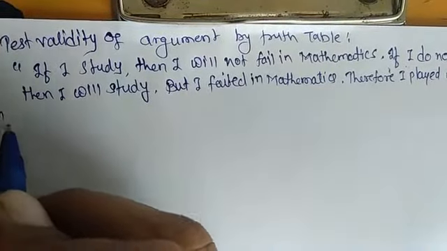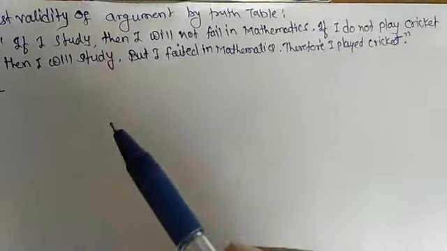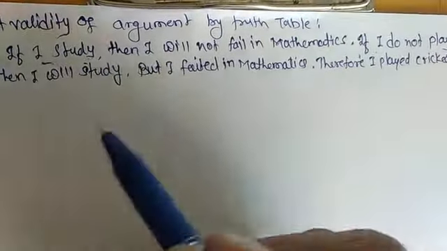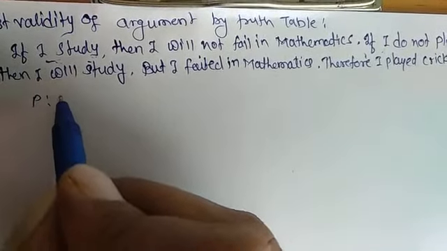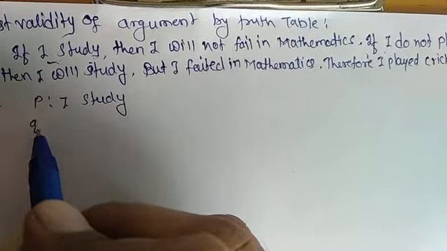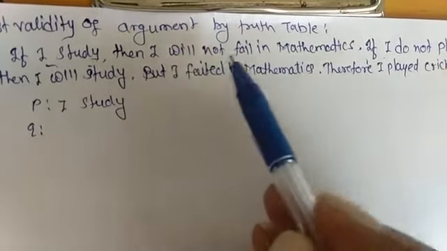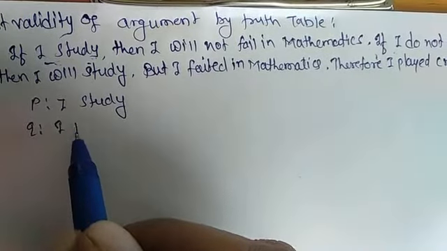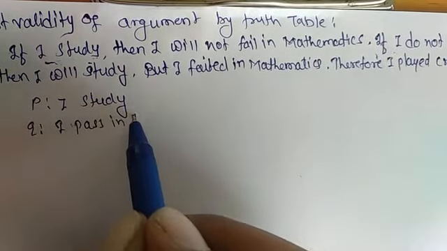We have to find the validity by using a truth table. First we have to find the statements. Here the first statement is P, I study. Next statement, I will not fail in mathematics, that means I will pass in mathematics.